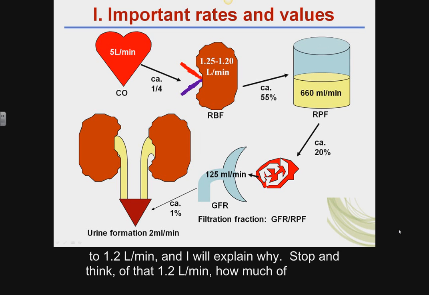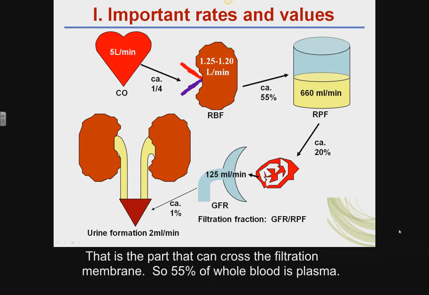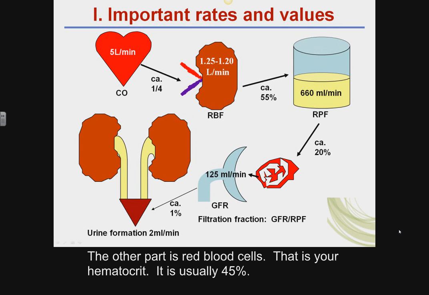Stop and think. Of that 1.2 liters per minute, how much of that is plasma? Plasma is the only part of whole blood that is actually filterable, right? That is the part that can cross the filtration membrane. So 55% of whole blood is filterable, is the plasma. The other part is the red blood cells.